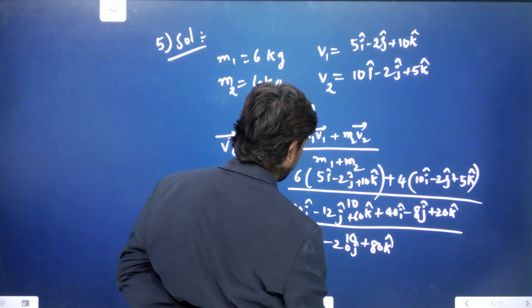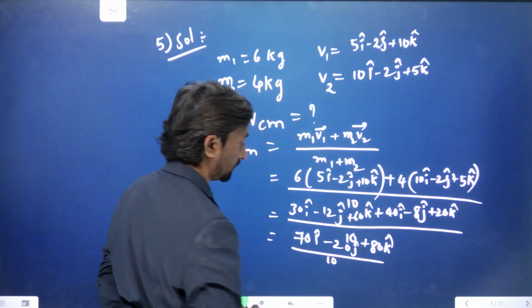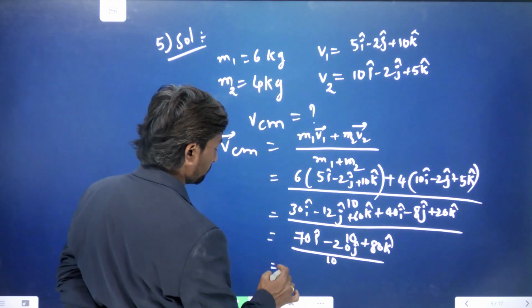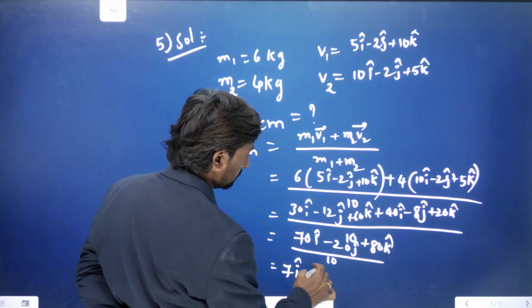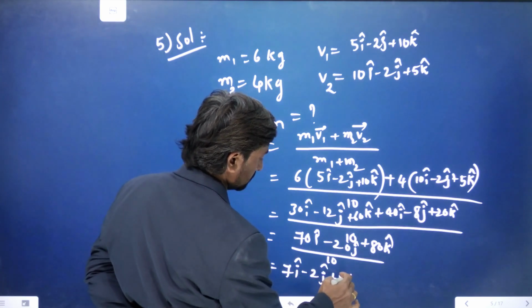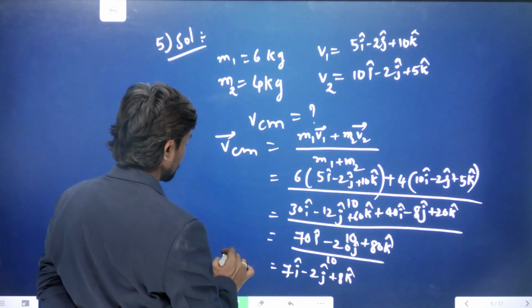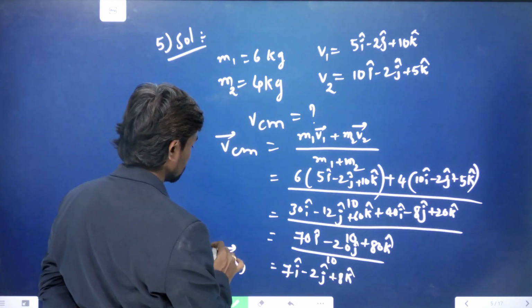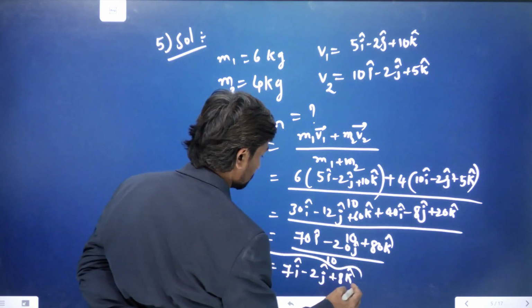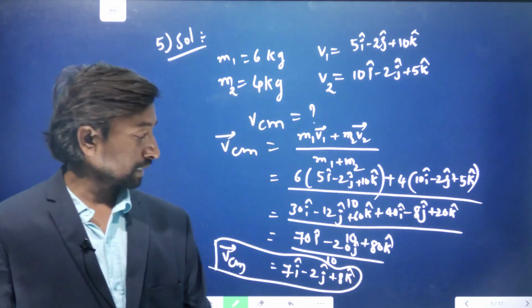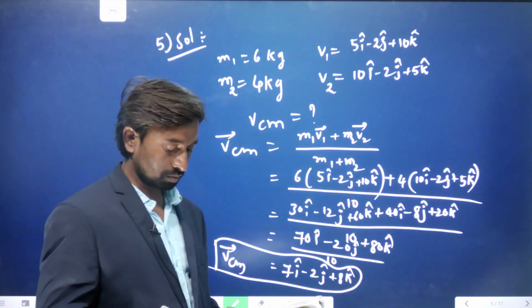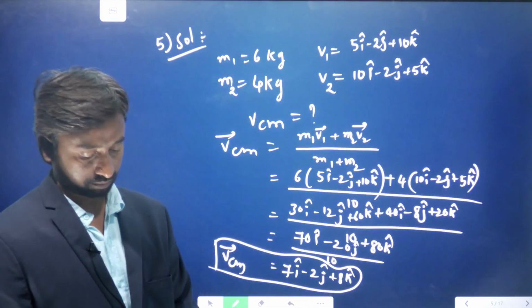Divided by 10, we get 7 i cap minus 2 j cap plus 8 k cap. This is the velocity of the center of mass vector. This is the answer, so option 3 is correct.